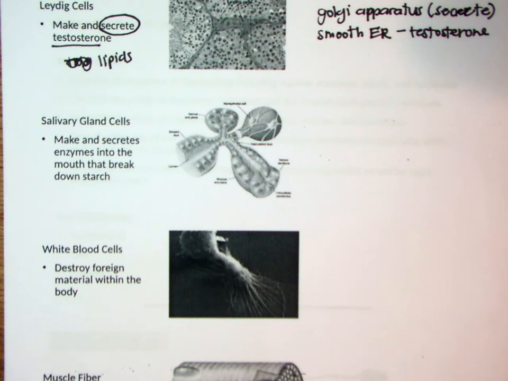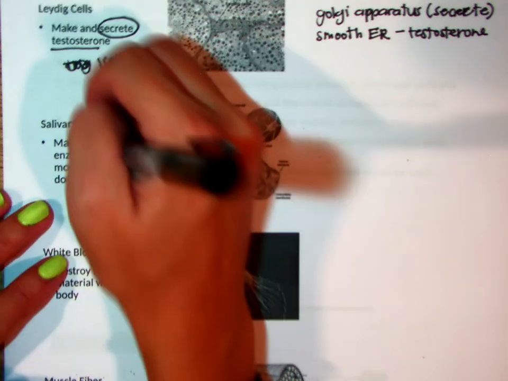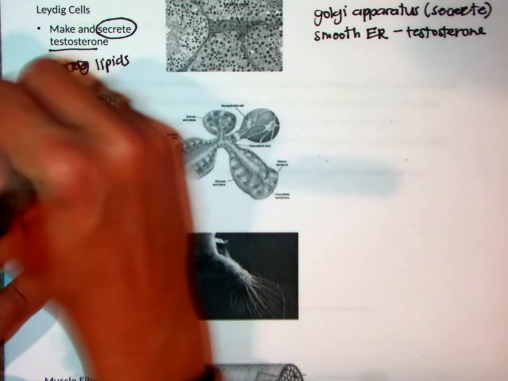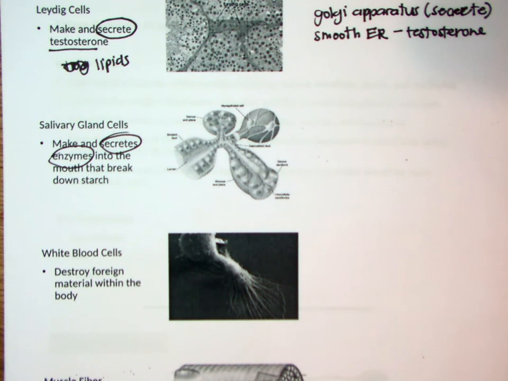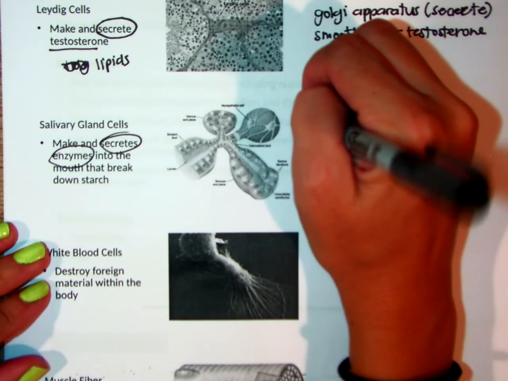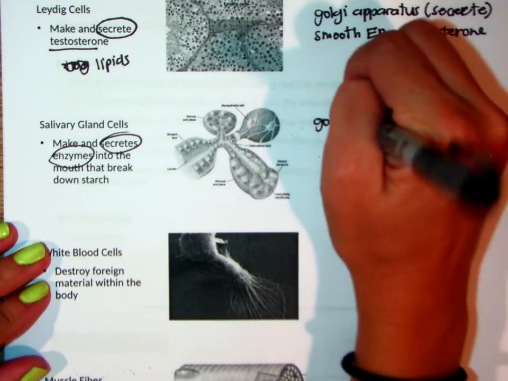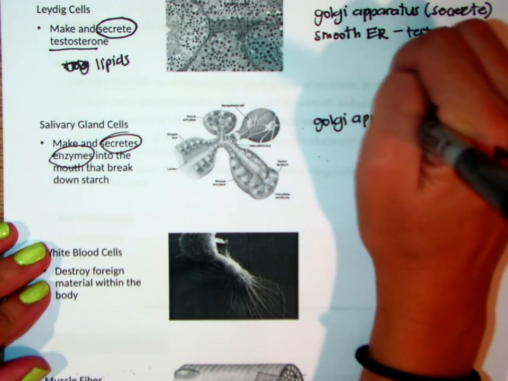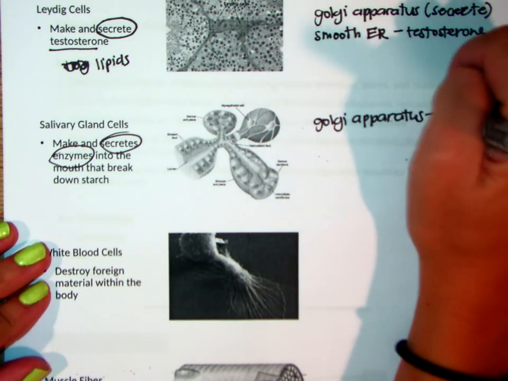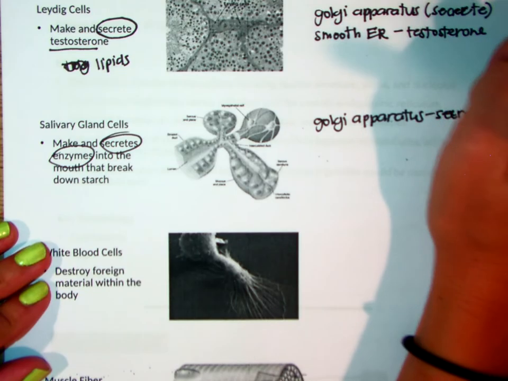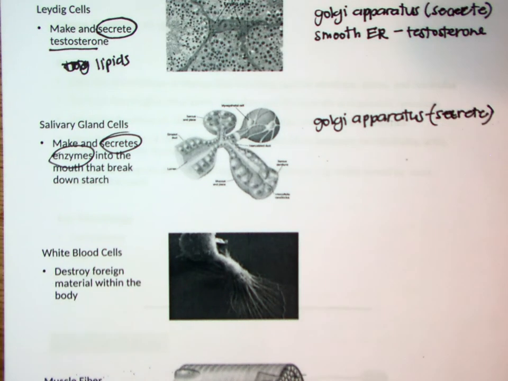Salivary gland cells. So these make and secrete enzymes into the mouth that break down starch. So secrete, when you hear secrete, what are you automatically going to associate that with? The Golgi apparatus. Which processes, packages, and secretes proteins.